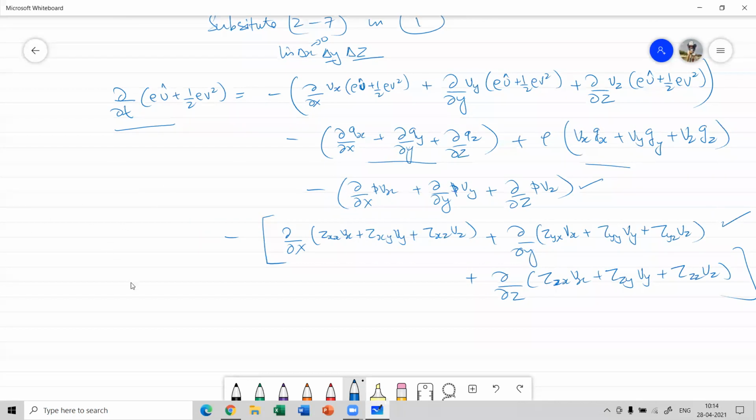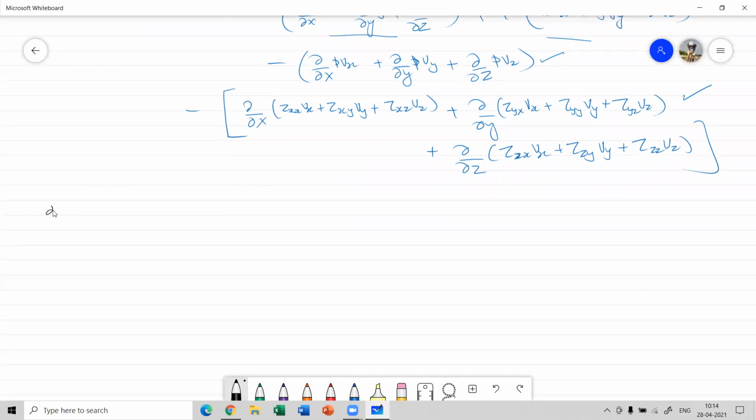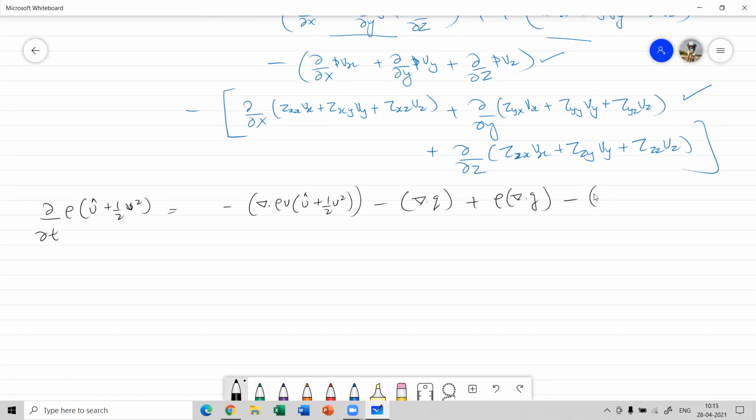So the entire equation can be summarized in the vector form, which can be written as del by del t of rho u cap plus half v square is equal to minus divergence of v into u cap plus half v square, minus divergence of q, plus rho into divergence of g, minus divergence of pressure into velocity and minus divergence of tau into velocity.